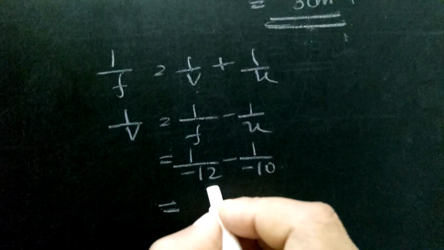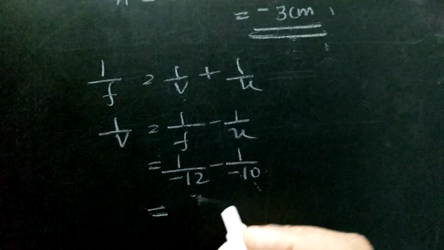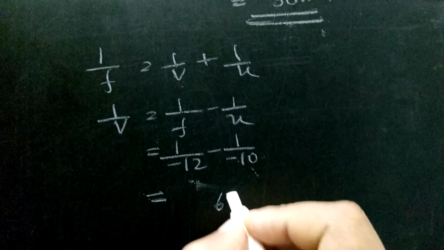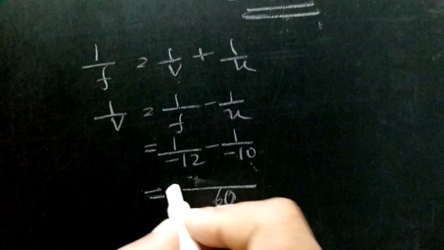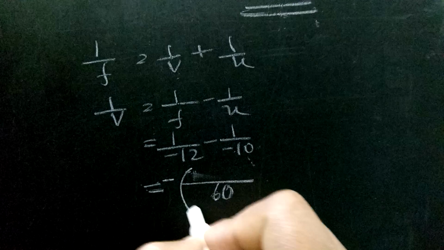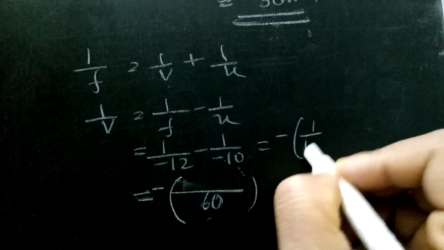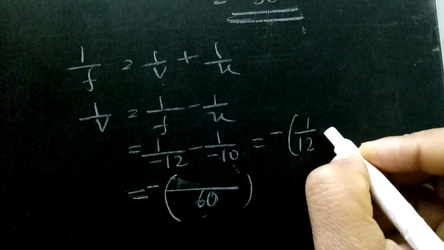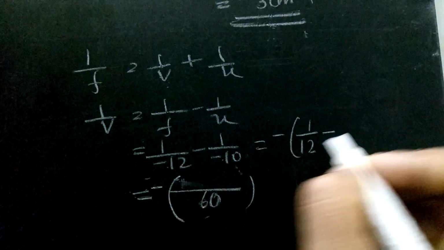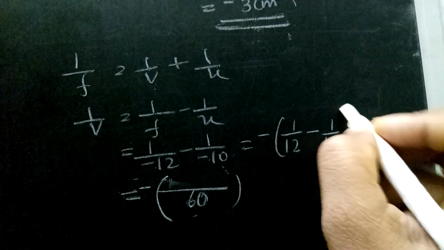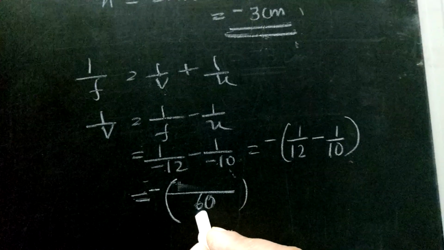Here we can take 60 as LCM, and take the negative outside. So 1 by 12 minus 1 by 10, you will get 60 as LCM.